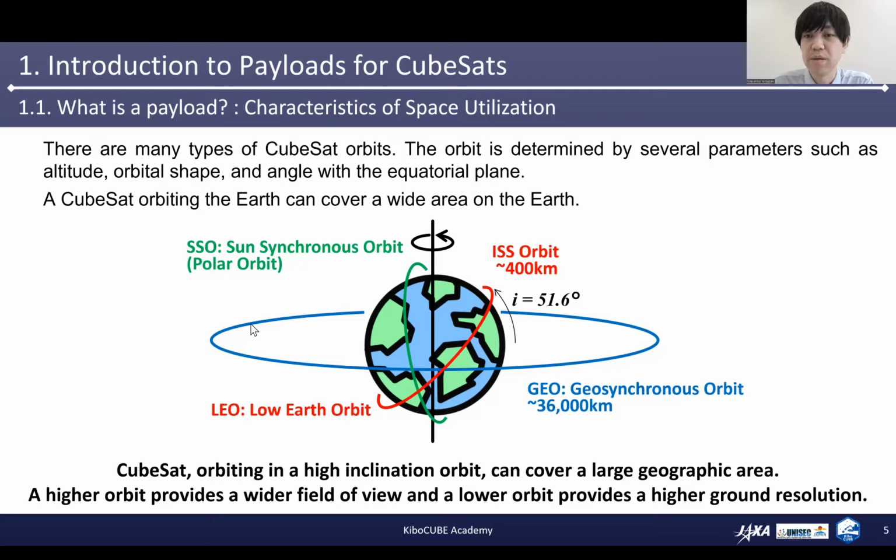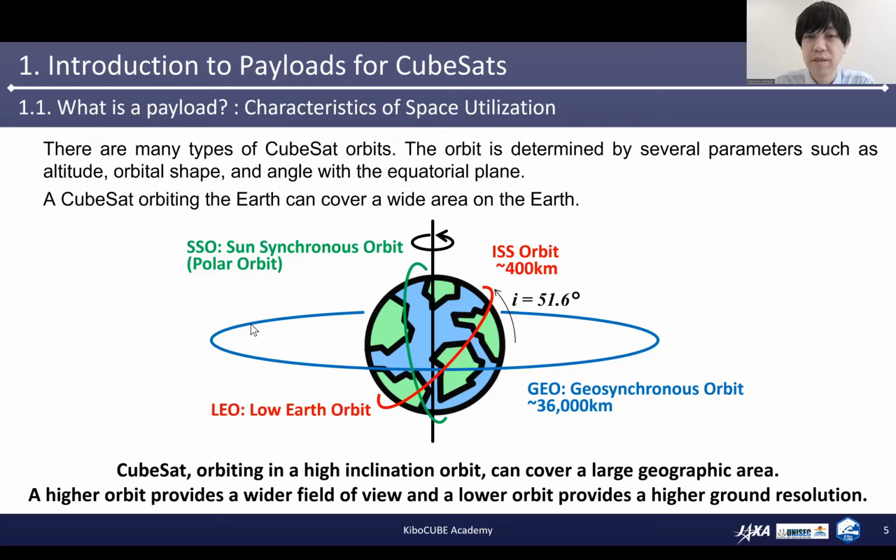Moreover, the sun direction relative to this SSO is constant throughout the year. So you have the same illumination conditions on the observed surface of the Earth. Therefore, this orbit is suitable for Earth observation.